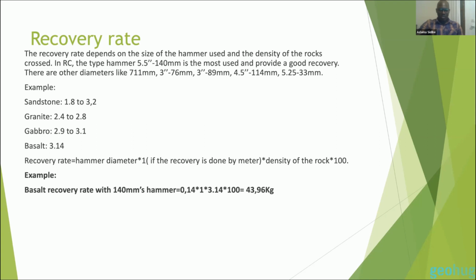For example, for the basalt, generally the mafic rocks are heavier than the sedimentary rock.